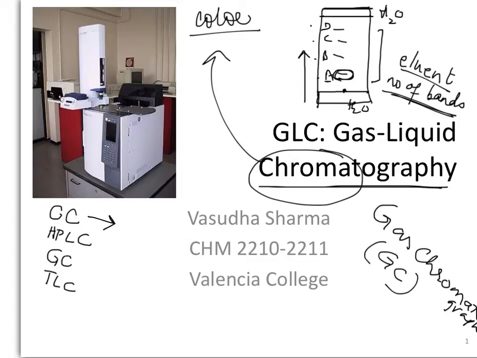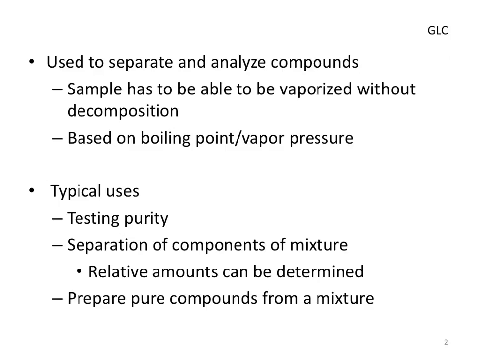All right, let's go forward. So, what is GC used for? GC is basically used to separate and analyze compounds. I use the word analyze because GC is a technique we can utilize to run samples which are really, really tiny.